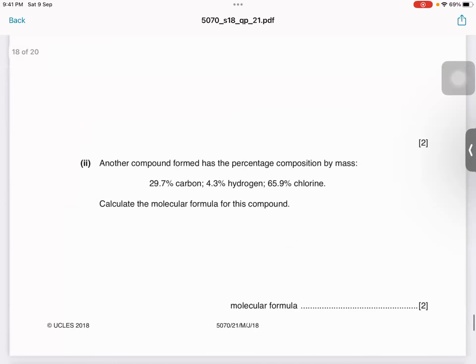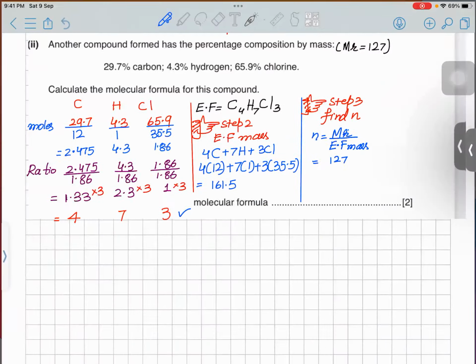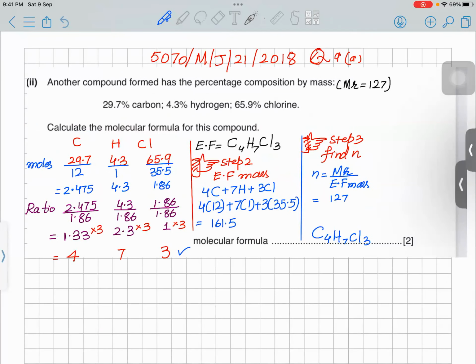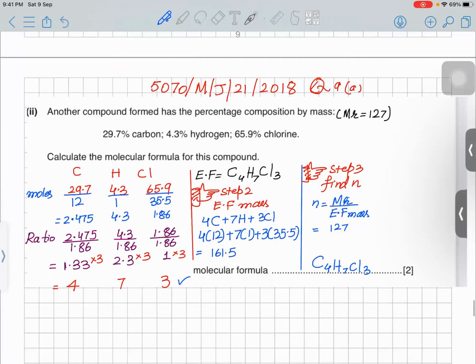So we have determined the molecular formula is C4H7Cl3. Sir, isn't that the empirical formula? Yes, I'm very astonished to get this.